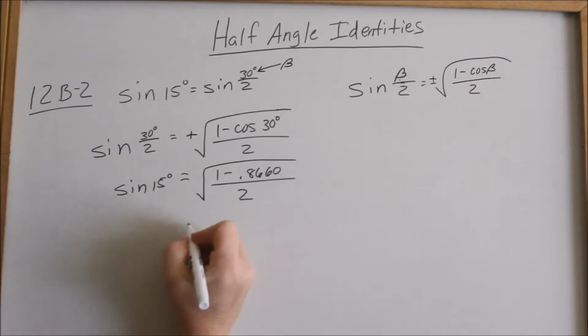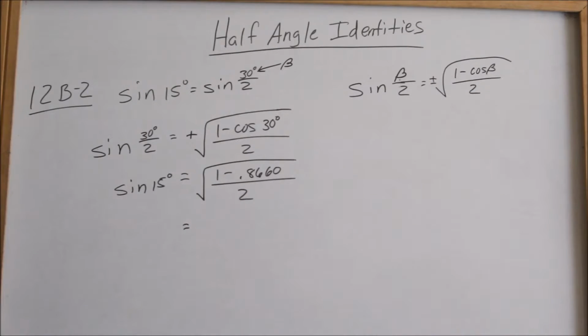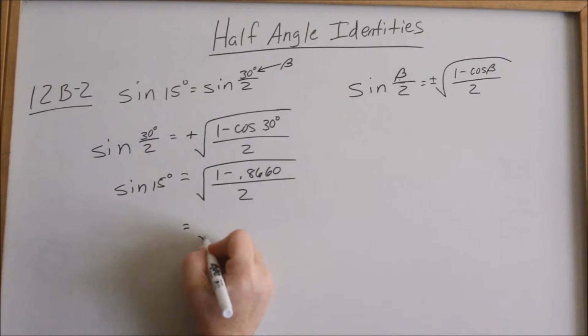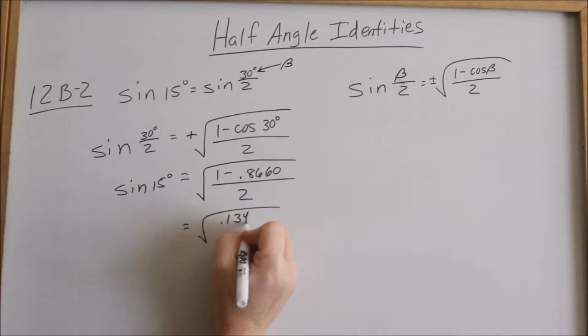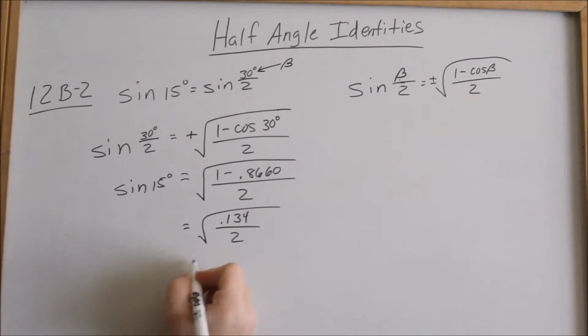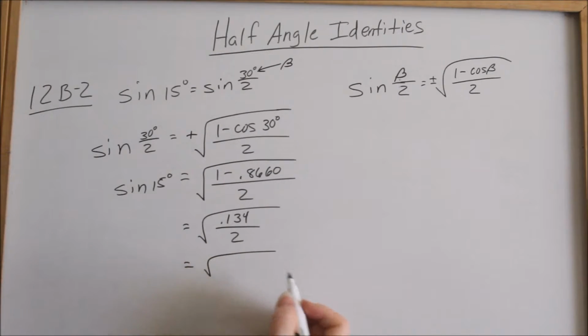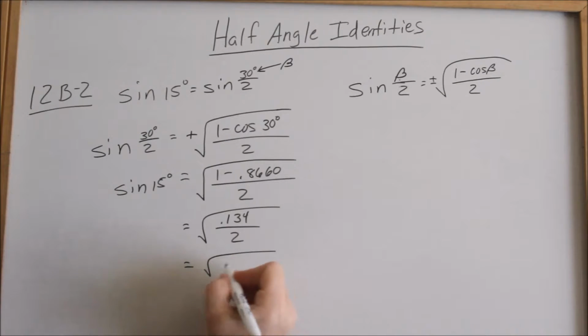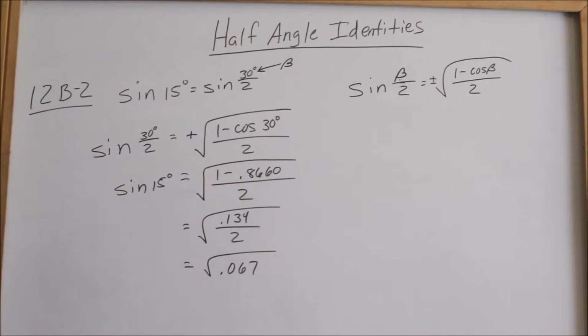Then 1 minus 0.8660 is 0.134. Divide that by 2 and we get 0.067. Now take the square root of that, and sine of 15 degrees is 0.2588.